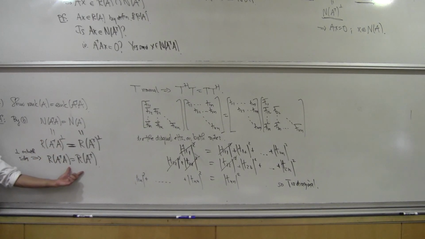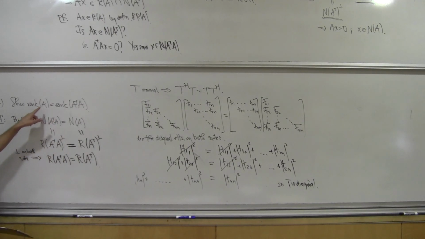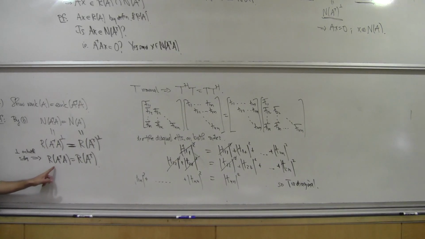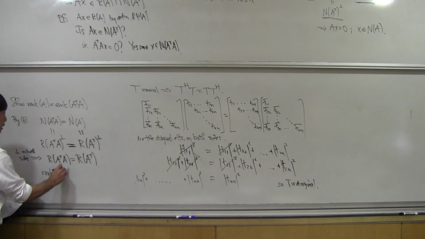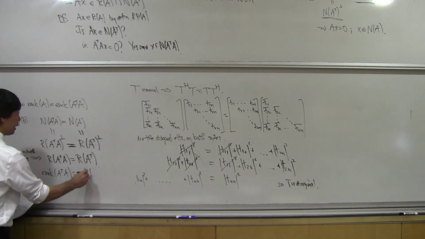Remember that theorem? So you get this. But the rank of ATA is the dimension of the range of ATA. So we get the rank of ATA equals the rank of AT.